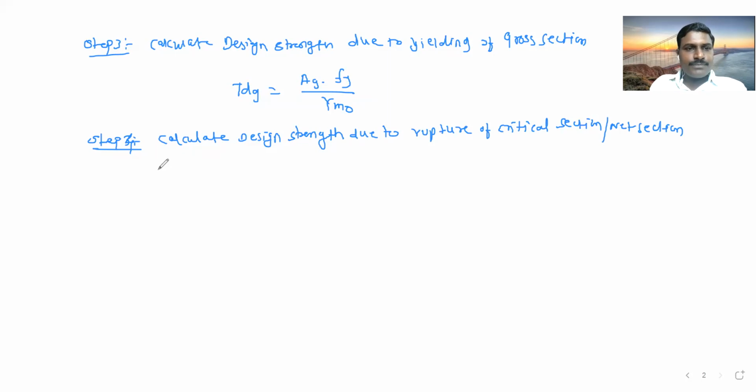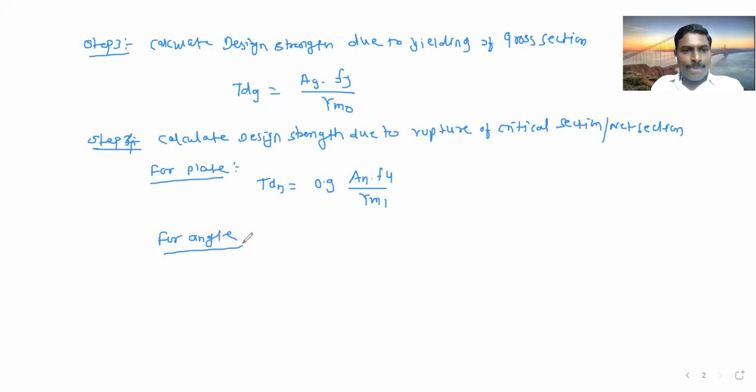Again, we have seen for plate a different formula, that is TDN is equal to 0.9 An into Fu divided by gamma M1. Correct? This formula we have seen. And for angle, again TDN, we have seen two formulas.